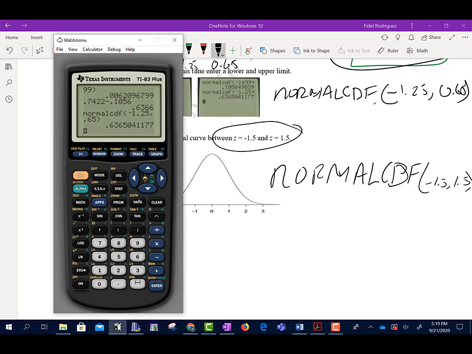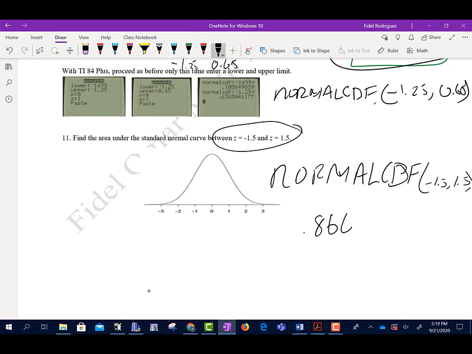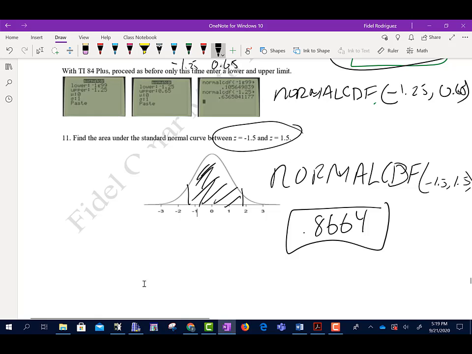So let's go second vars, normal CDF, negative 1.5, comma 1.5, comma, and I'm coming up with 0.8664, right? And we found the area between negative 1.5 and positive 1.5. That's what we're looking for, right?